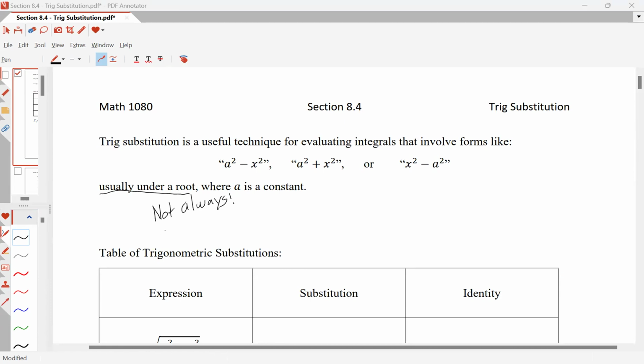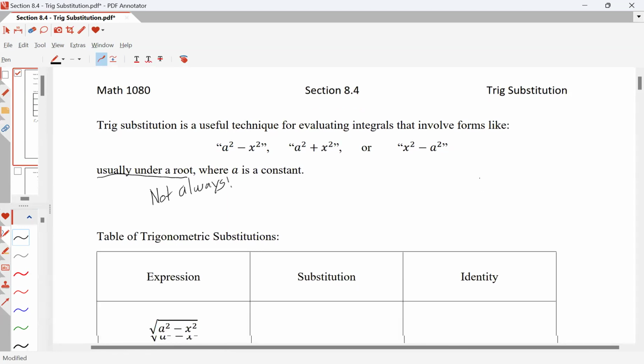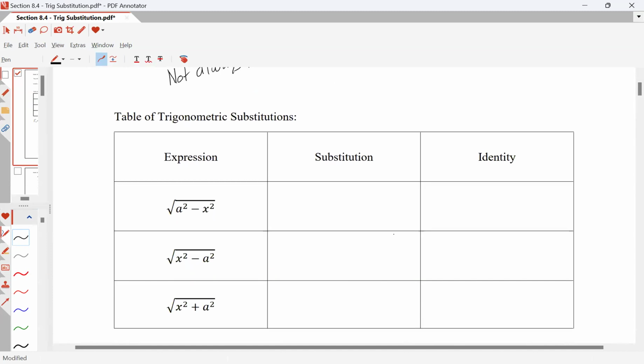So we are looking for these certain expressions. And when we see these expressions, there's a substitution we can make. So the first substitution is if we see the square root of a squared minus x squared, or just a squared minus x squared. The square root's not needed. In the case of seeing a squared minus x squared, the substitution we make is x equals a sine theta.